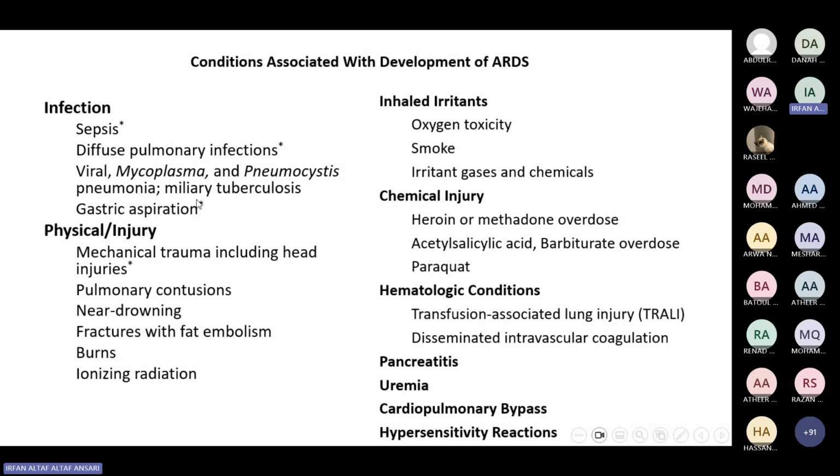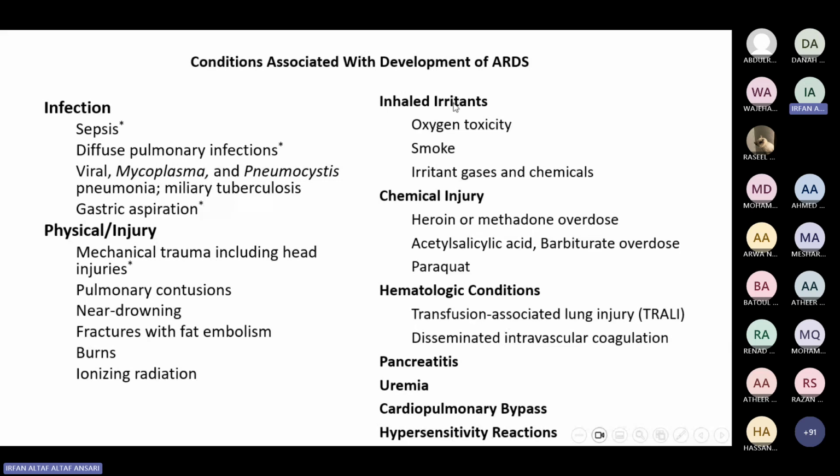These are the four very important causes for acute respiratory distress syndrome. And in the ER, you will find head injuries, sepsis, pneumonia, and gastric aspiration as commonly occurring diseases, and these will lead to acute respiratory distress syndrome. And there is a big list.